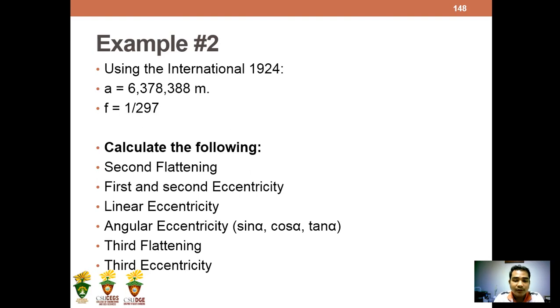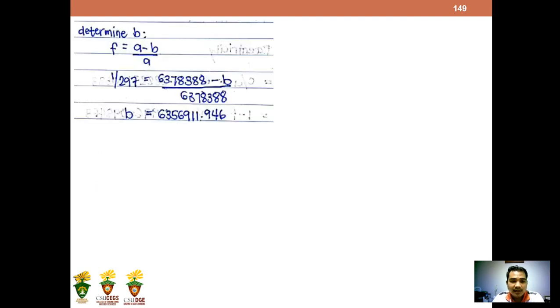Then calculate the following: second flattening, first and second eccentricity, linear eccentricity, angular eccentricity with respect to sine, cosine, tangent, third flattening, and third eccentricity. So what is given is only a and the flattening, the first flattening.